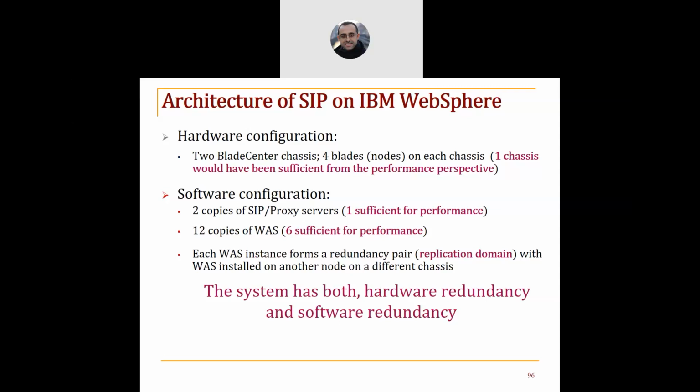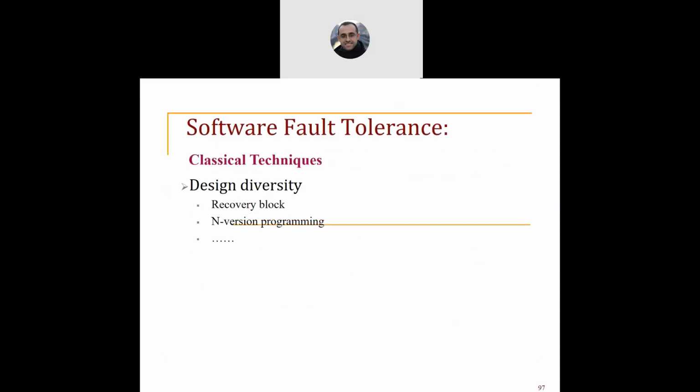Because if 1 copy of software fails, then the identical copy will also fail on the same set of inputs because it has the same bugs as the other copy. Therefore, they came up with the notion of what is called design diversity. That is, to the same specification, you construct multiple software versions which are diverse. So classical techniques of software fault tolerance are called design diversity.